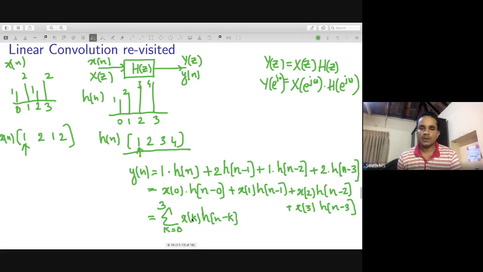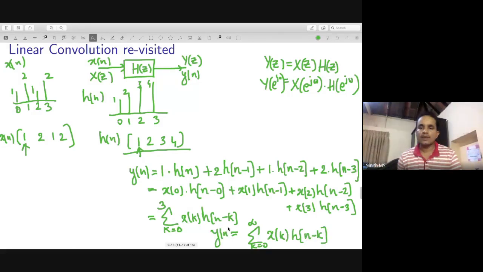For k equal to 1, this becomes x[1] into h[n minus 1], which is this term. For k equal to 2, x[2] into h[n minus 2], which is this term. So basically, if you have capital N number of terms, or suppose you have an infinite number of terms, this can be generalized as sigma k equal to 0 to infinity x[k] h[n minus k].